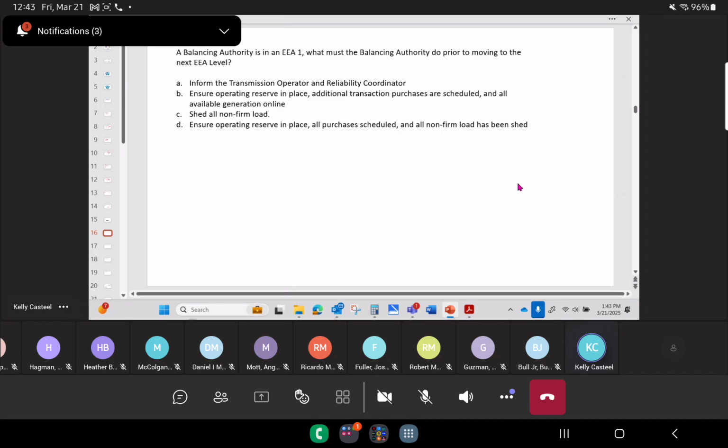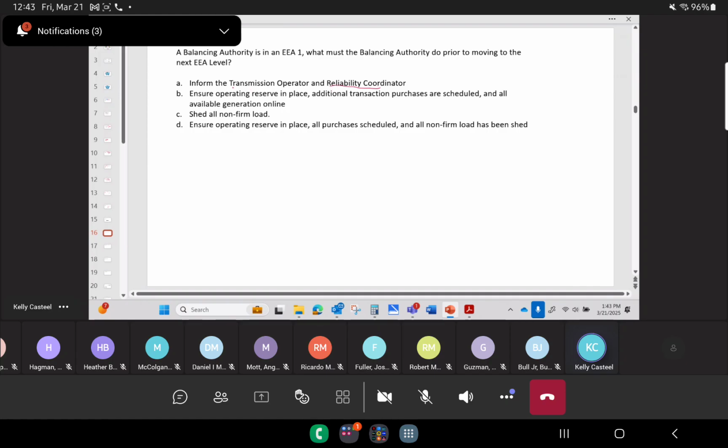Okay, so one of the things that we highly recommend on the NERC exam, since they're all four option multiple choice questions, is that the process of elimination helps sometimes. So on this one, we'll use some of that. First answer option, inform the transmission operator and reliability coordinator.